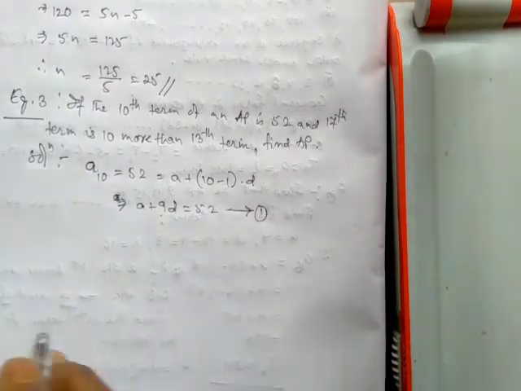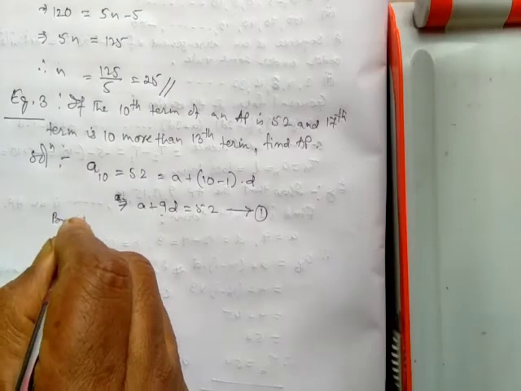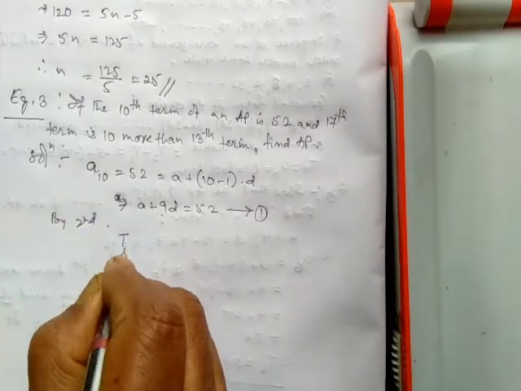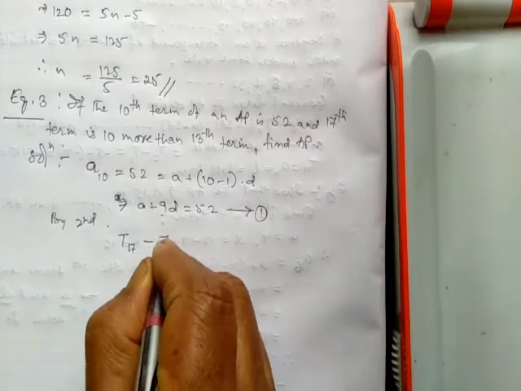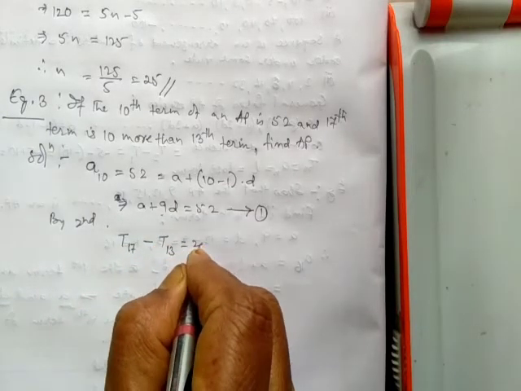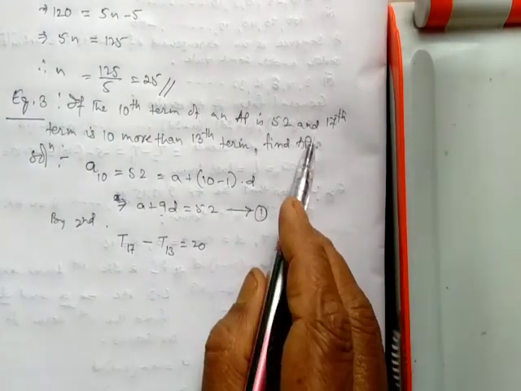Now by the second condition, T17 minus T13 is equal to 10.